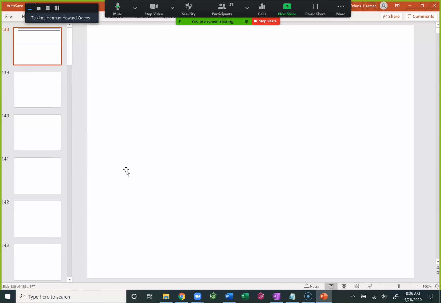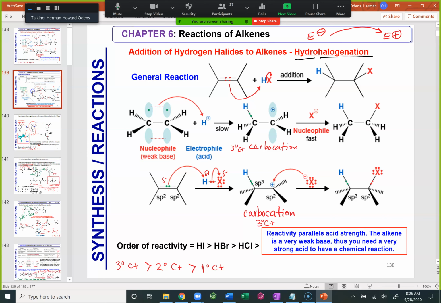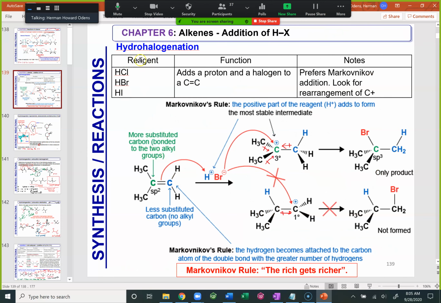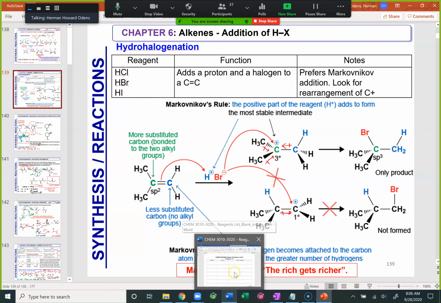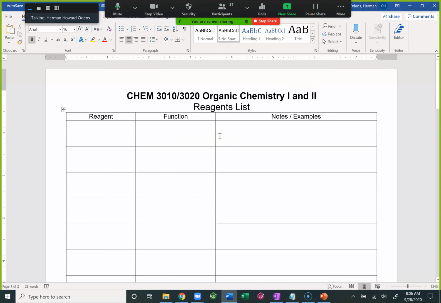From this point on in the ball game, every time you come across something like this, or if it doesn't have this table, but you see a new reaction, I want you to write that down and create a log of reagents and reactions. So I have put this on Canvas for you.